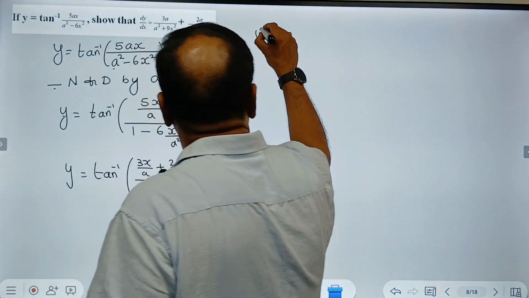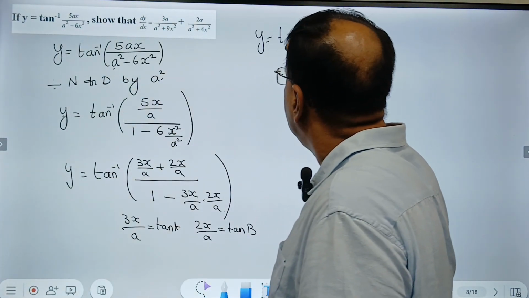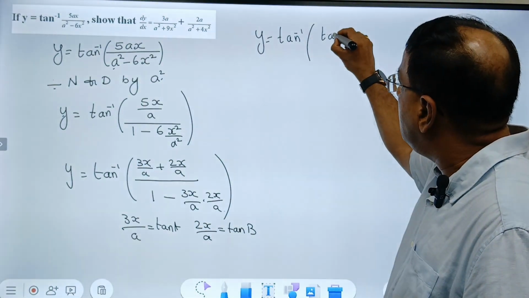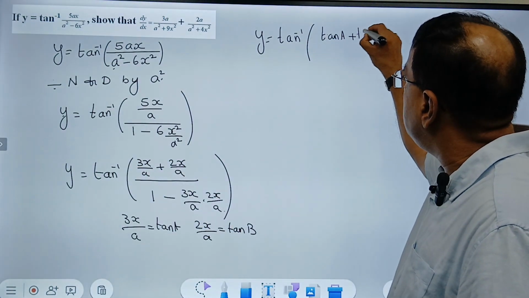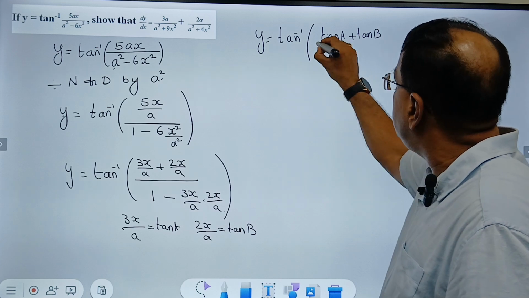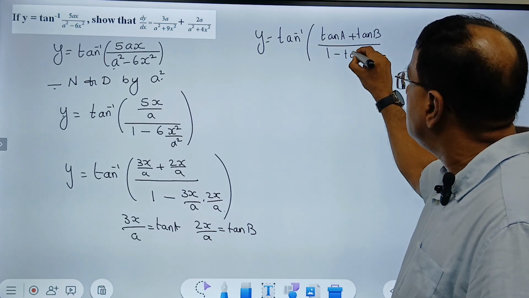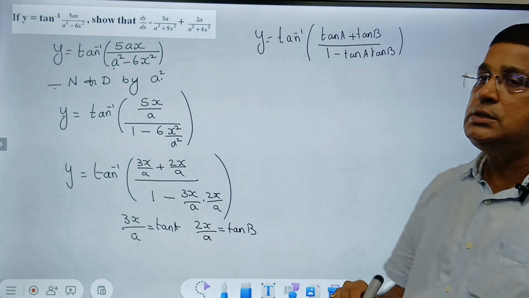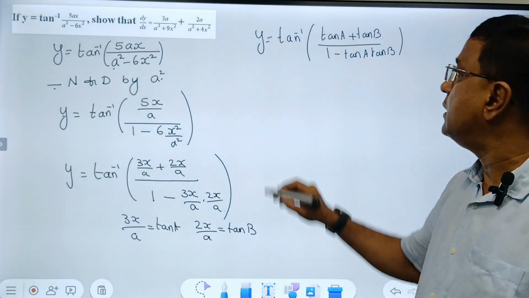Now take this and substitute. So I get y equal to tan inverse of tan A plus tan B divided by 1 minus tan A tan B. Correct? Now what is tan A plus tan B by 1 minus tan A tan B?